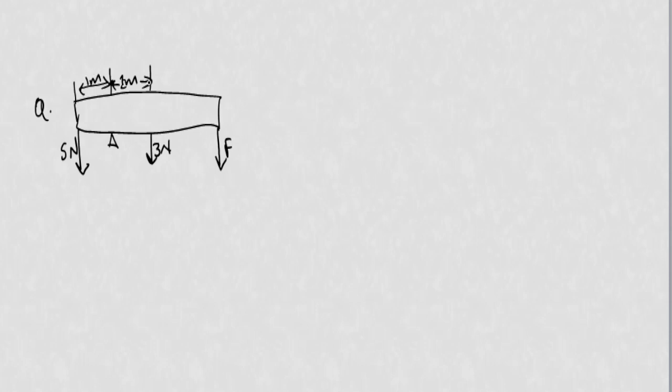Then from this pivot to that force, it is 2 meters. So now the question is saying find the force F. How can you find the force F? That is what I want you to try out.